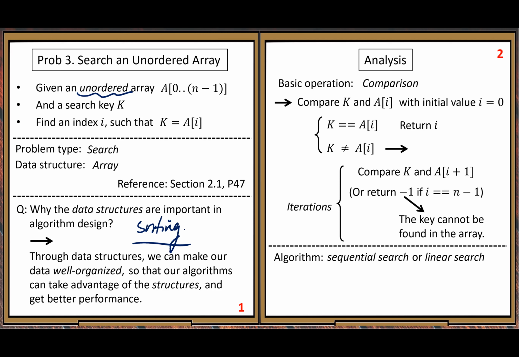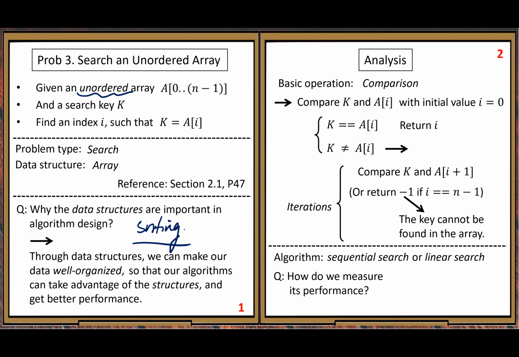It is a basic, our first search algorithm. Later, we will learn another important search algorithm, binary search. After that, we learn another advanced search algorithm. So we won't have many different search algorithms, but this is the first one.